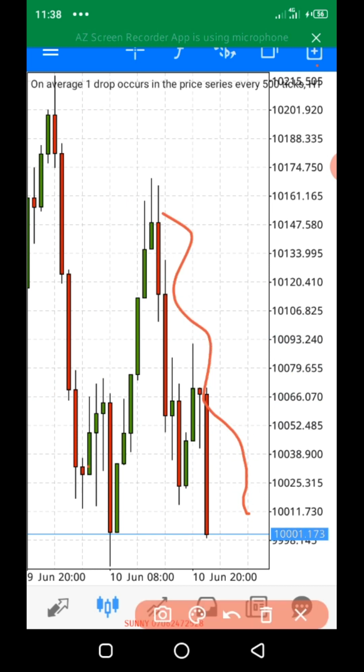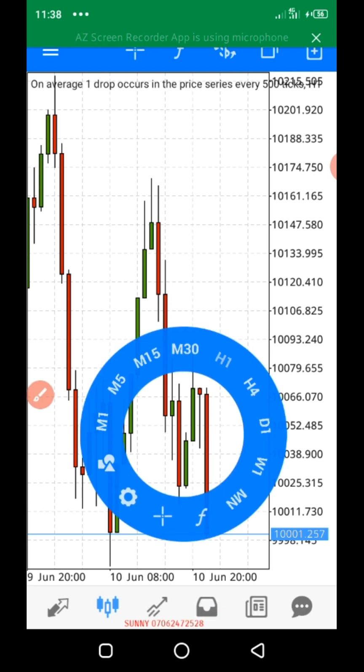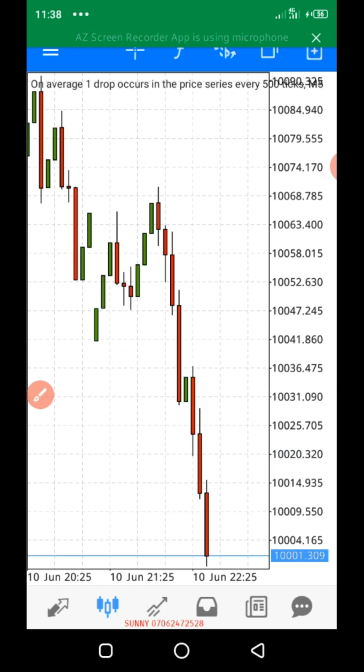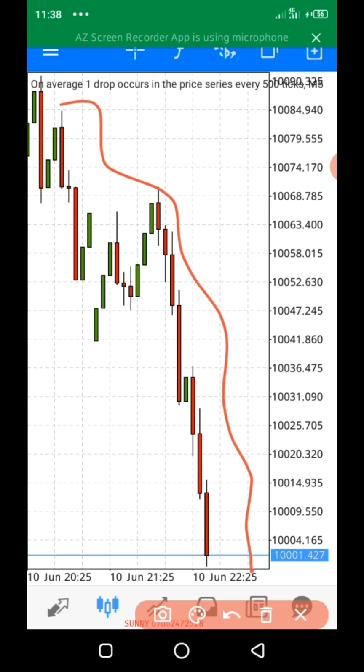So if I go to my M1 and I see that the market is selling, I'll now go to maybe my 5 minutes chart, and then the H1 or the higher time frame, because the higher time frame gives you an insight of where the smaller time frame will go, the direction.